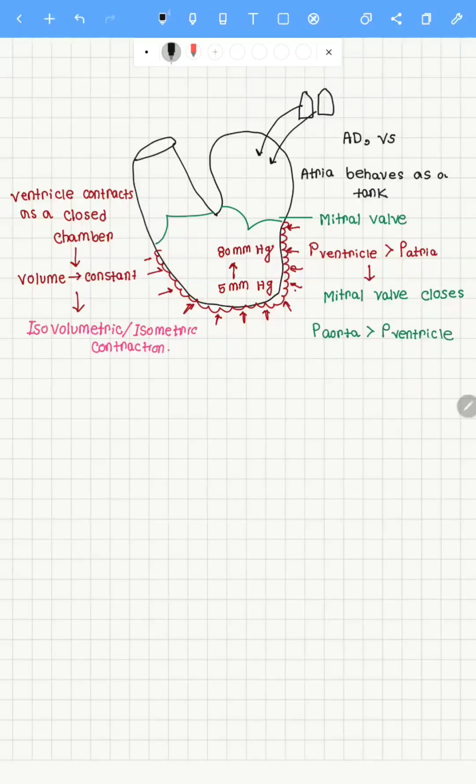And talking about the aorta, aorta squeezes the blood into the peripheral arterial tree. So this was the second phase that we will call the phase of isovolumetric contraction.